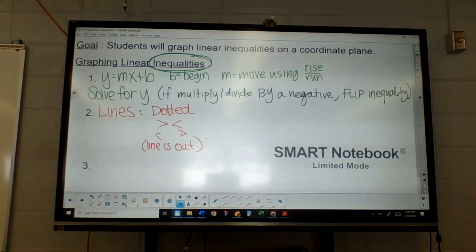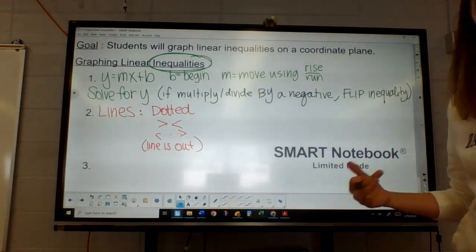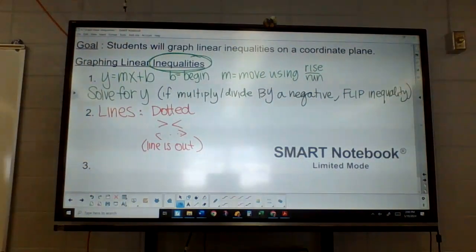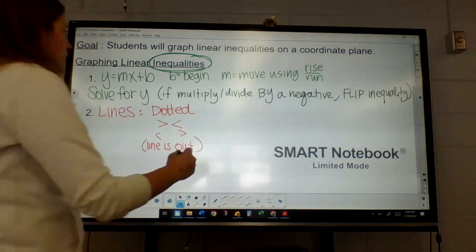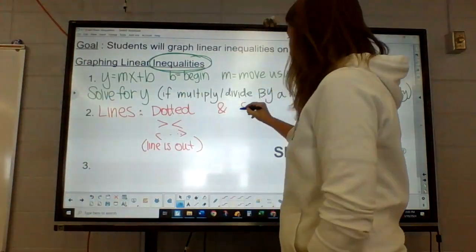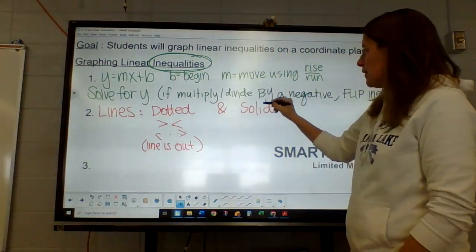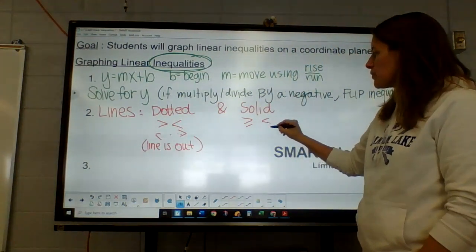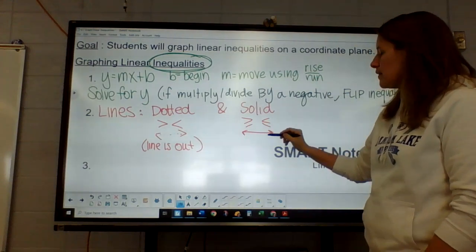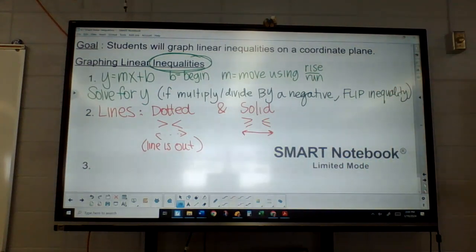I think in volleyball the line is in bounds if it bounces on the line. But in football, if your foot's on the line, you're out of bounds. So it depends on the problem, and it depends on the game that you play. That's the same idea here. There also can be a solid line, and that's when we have that equal to line. That line's going to be solid because that line is going to be part of the solution.